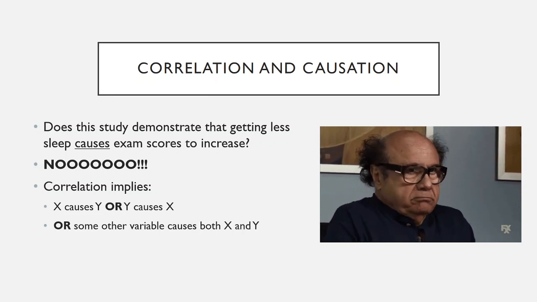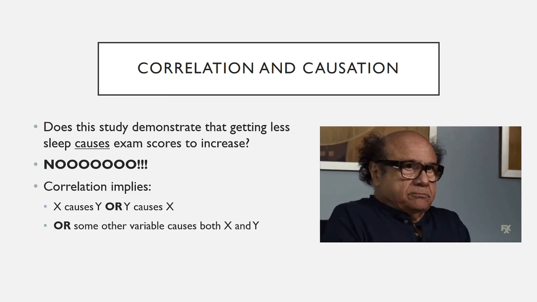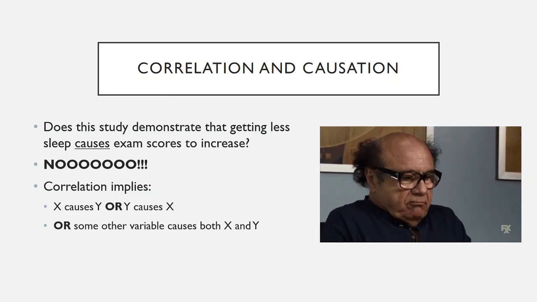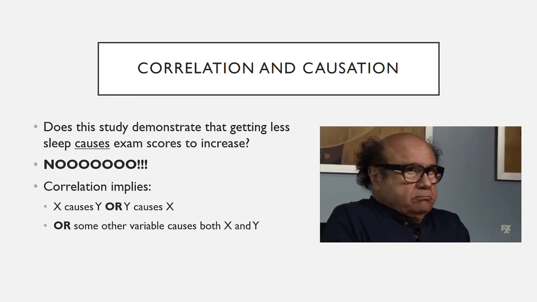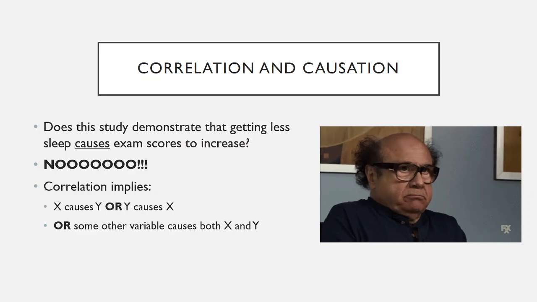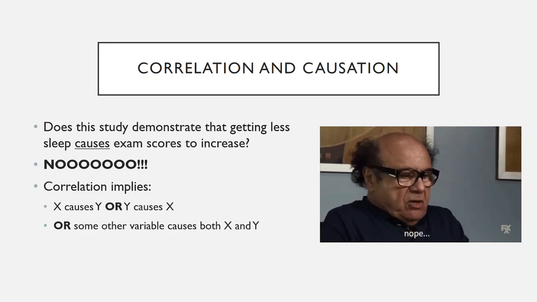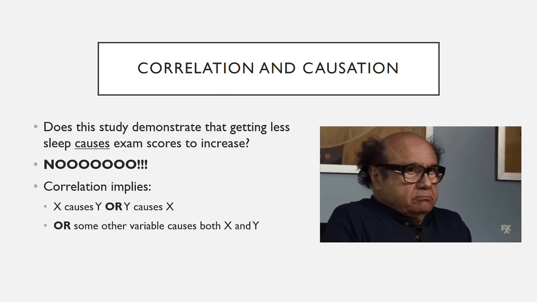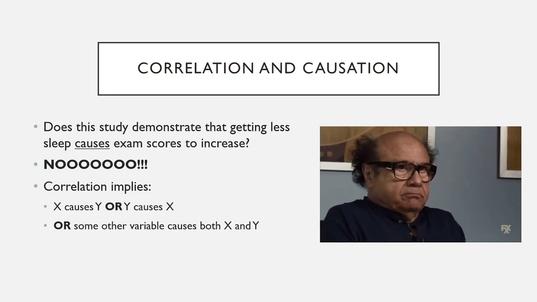And so sleep wasn't directly causing changes to exam scores, but it was the anxiety associated with changes to sleep that more directly caused changes to exam scores. So whenever you have correlational analysis, think about which variable likely causes the other if you can rule out either of the directions, but always keep in mind that a correlational analysis will not be able to rule out some other third variable that was pulling the strings of both x and y.